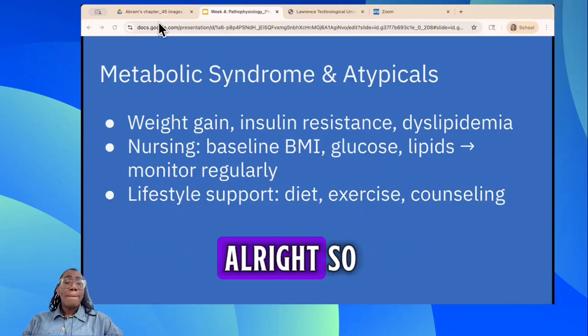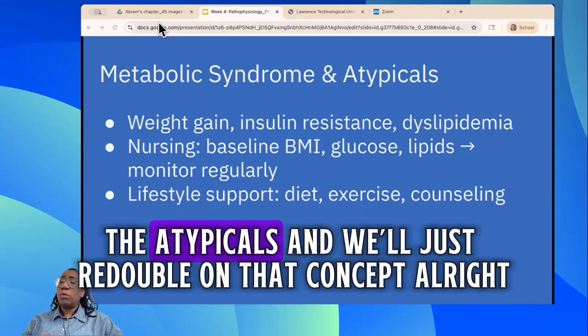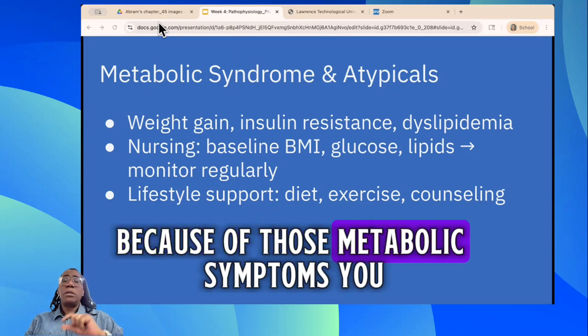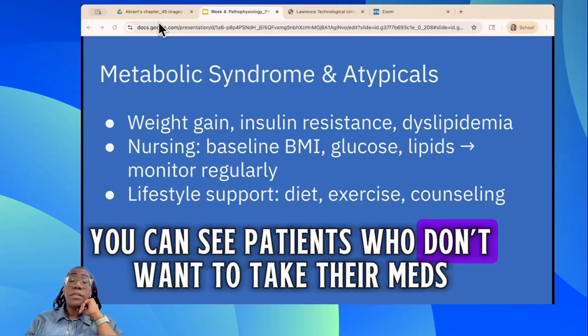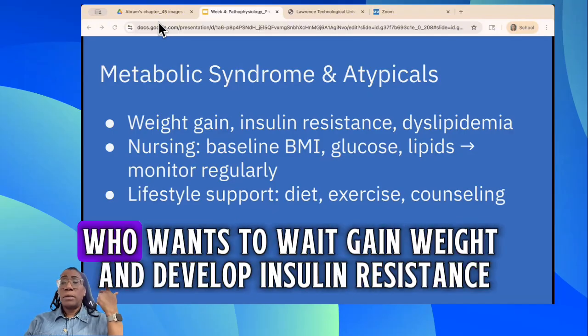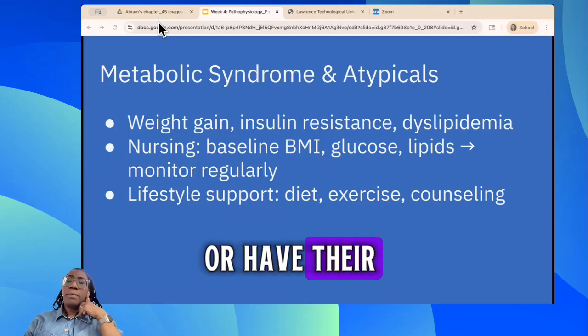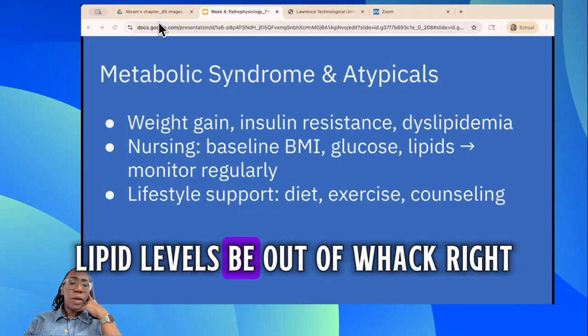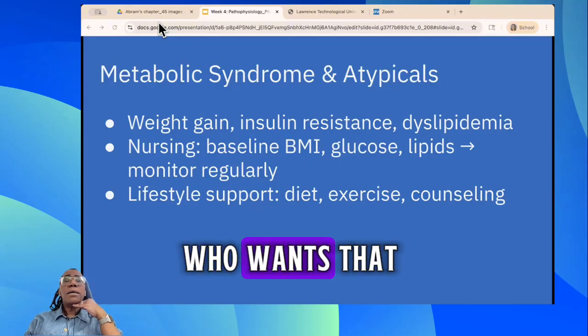All right, so the atypicals, we'll just redouble on that concept. Because of those metabolic symptoms, you can see patients who don't want to take their meds, who don't want to gain weight and develop insulin resistance or have their lipid levels be out of whack, right? Who wants that?